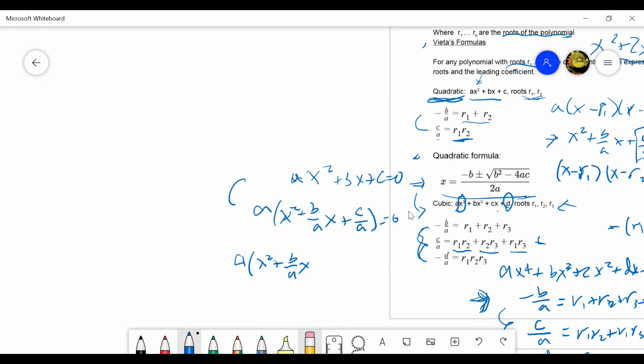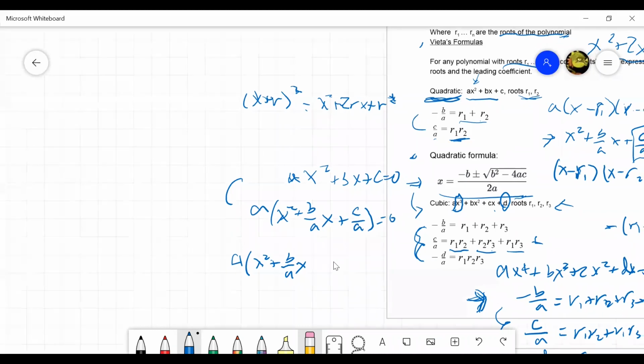And the main idea with completing the square in a quadratic equation is that any perfect square quadratic polynomial must be in the form x squared plus 2rx plus r squared. This is just the expansion of the square of x minus r. Right?